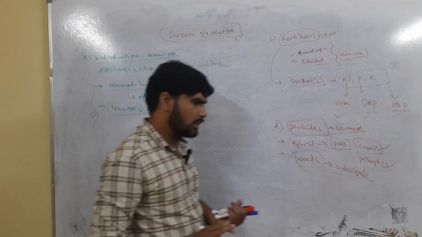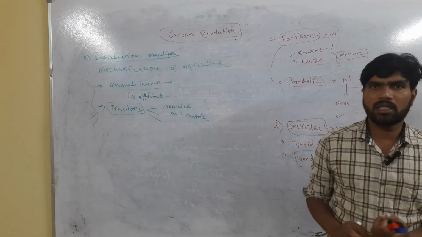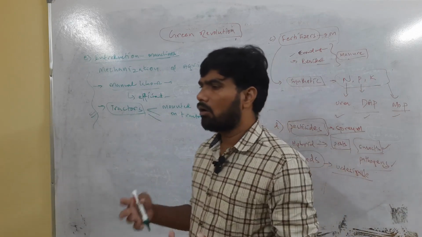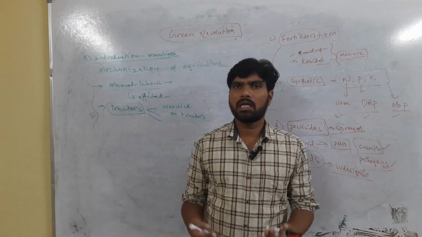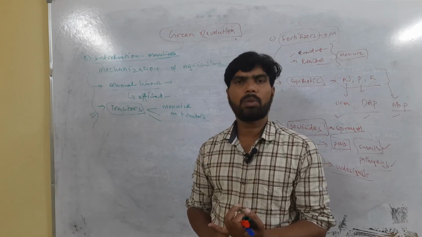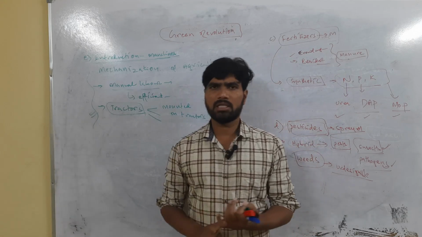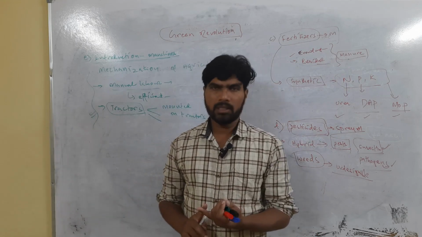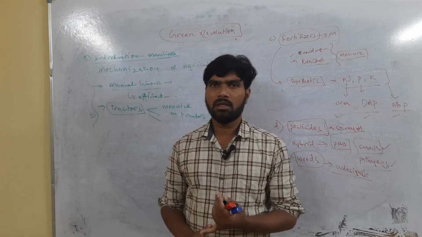It is expected that the farmer should purchase all these things and start doing the agriculture. First of all, he has to purchase the seeds, high yielding varieties, which are a little bit costlier. Then he has to have irrigation.